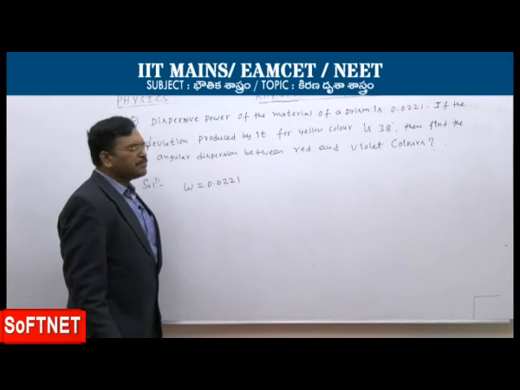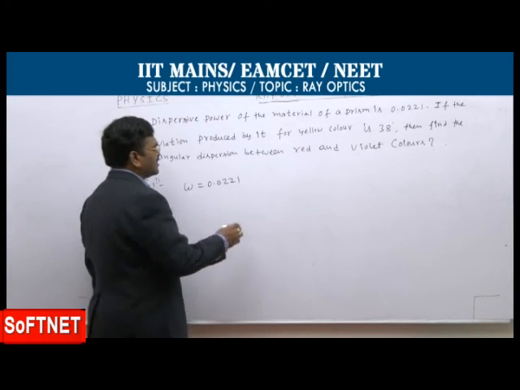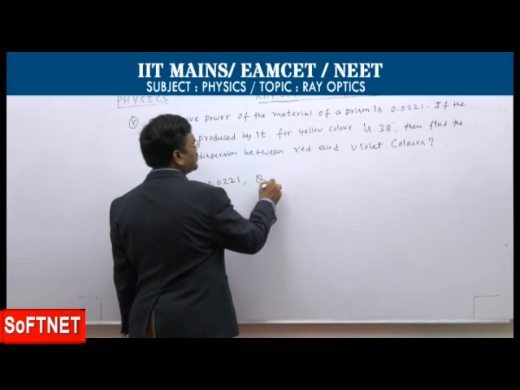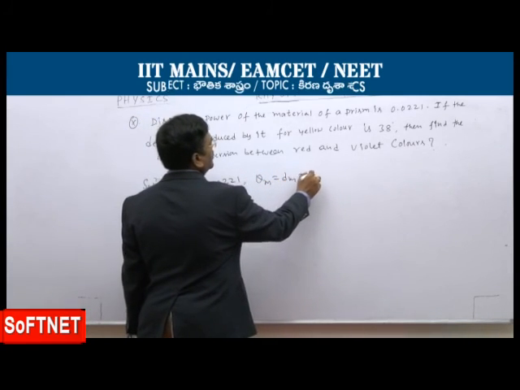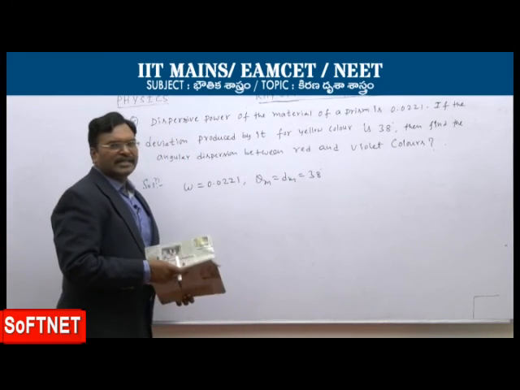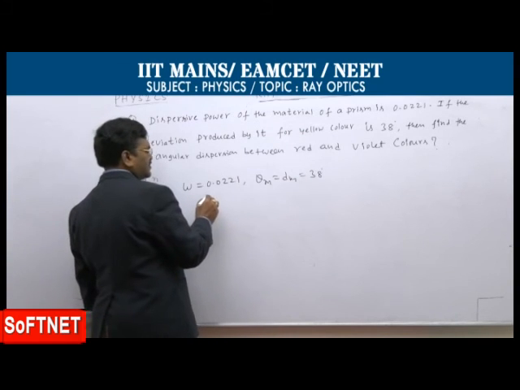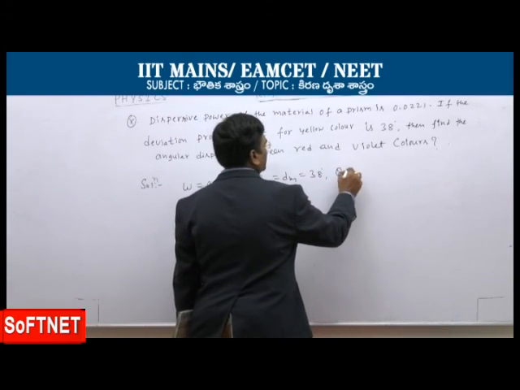The deviation produced by it for yellow color is the mean deviation, theta m, equal to 38 degrees. Find the angular dispersion between red and violet colors. Let it be theta, the angular dispersion.